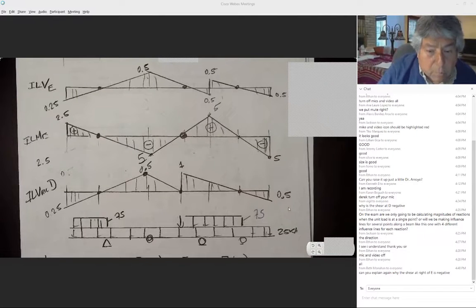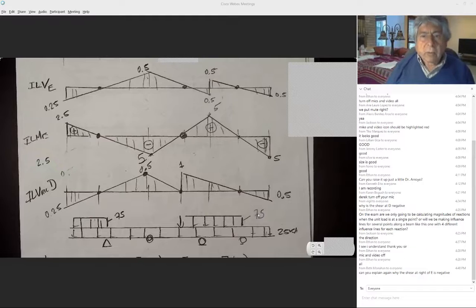In order to compute the maximum moment at E, we can use statics, compute the reactions, and compute the moment the same way that I did. But normally we use the influence line. What we do is multiply this area times this load. This area in here times this load. This positive area here times this load, and this negative area times the load.